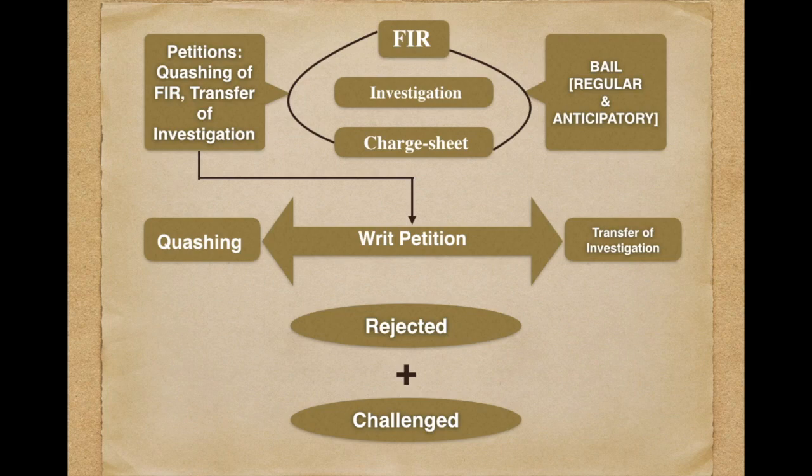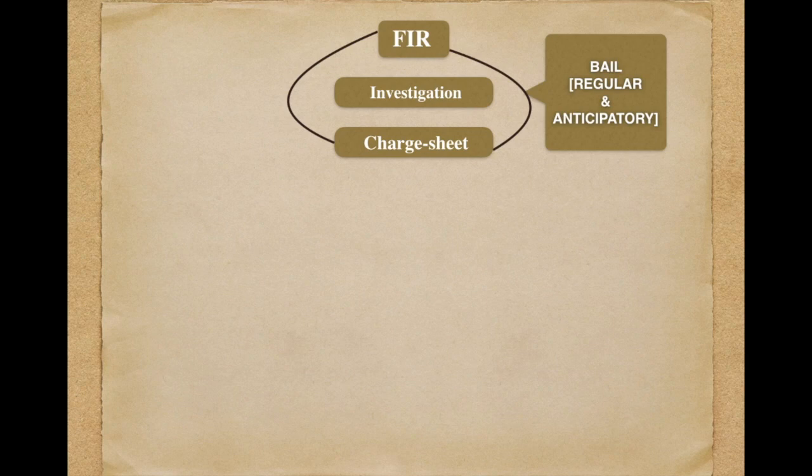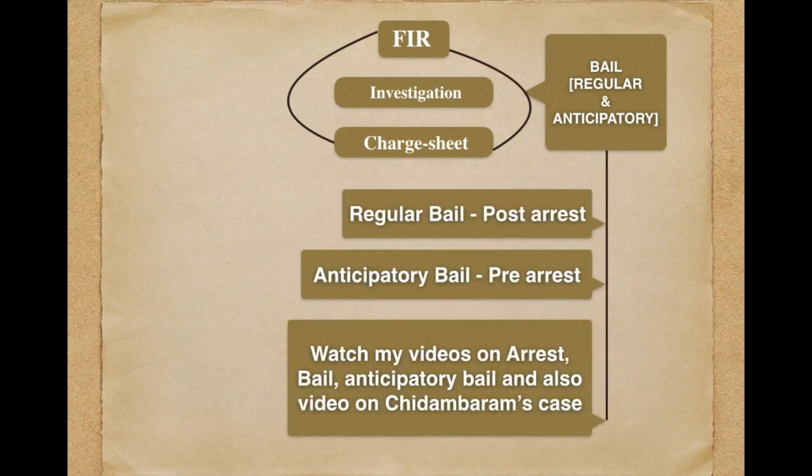These petitions, which are rejected, the judgment of these High Courts can be challenged before the Supreme Court by way of a special leave petition. Now, apart from the writ petitions, other litigations that can arise are with respect to bail and anticipatory bail. Though the difference is that these litigations do not usually stall or halt the investigation or the filing of the charge sheet.